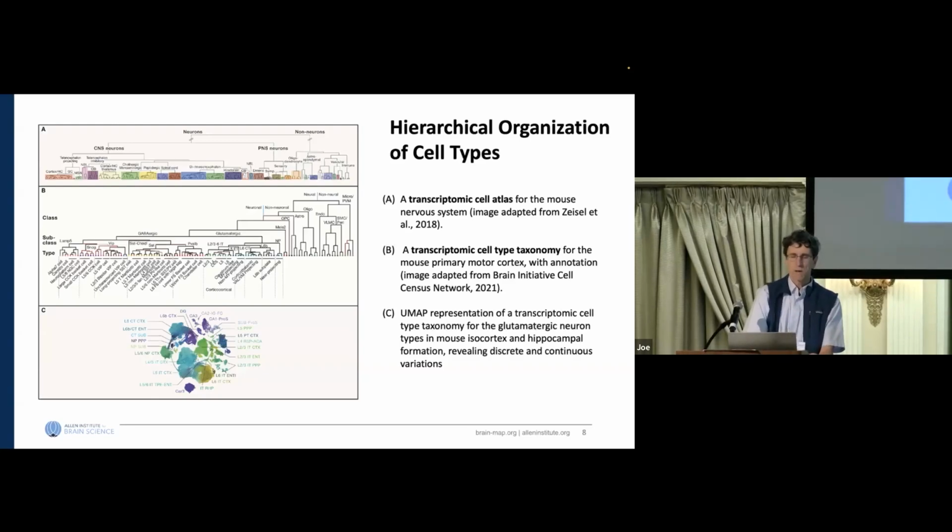The reasons are as follows. The morphology is too variable. It's not strongly predictive of types, especially as you move away from basic types. The physiology is a little problematic because it depends on a stimulus, right? The cells only fire in certain patterns subject to different stimuli, and you have to deal with that complexity.